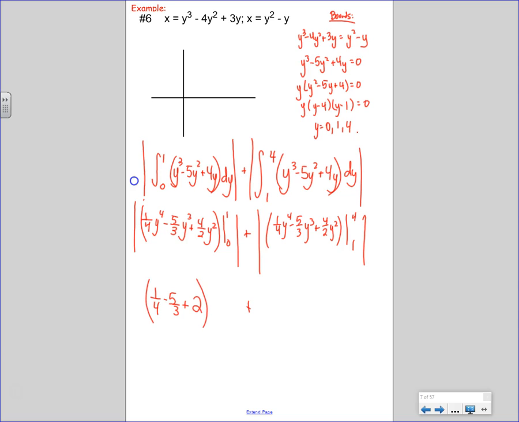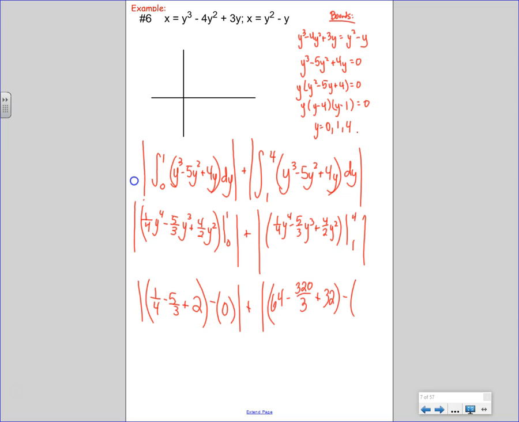That'd be f of b minus f of a is 0, because 0 minus 0 plus 0, just 0. This one's going to be a bit nastier though, right? 4 to the 4th over 4 would just be 4 cubed, which would be 64. Minus 4 cubed is 64 times 5 is 320. Plus 16 times 2, 32.